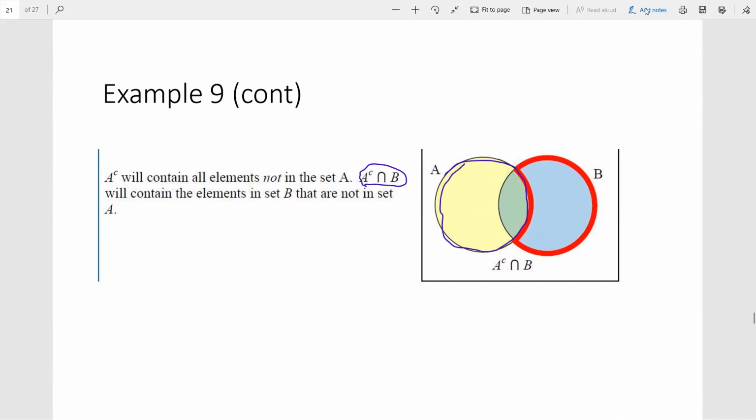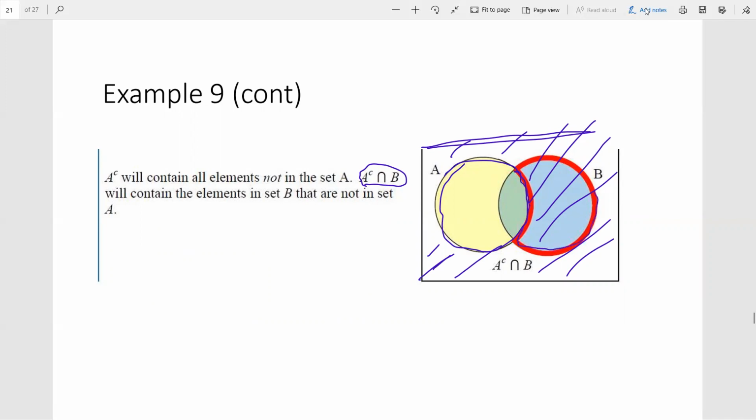Its complement would be everything outside of A, including the areas out here in white. And if you intersect that with B, the common area would be what we see with the heavy red.